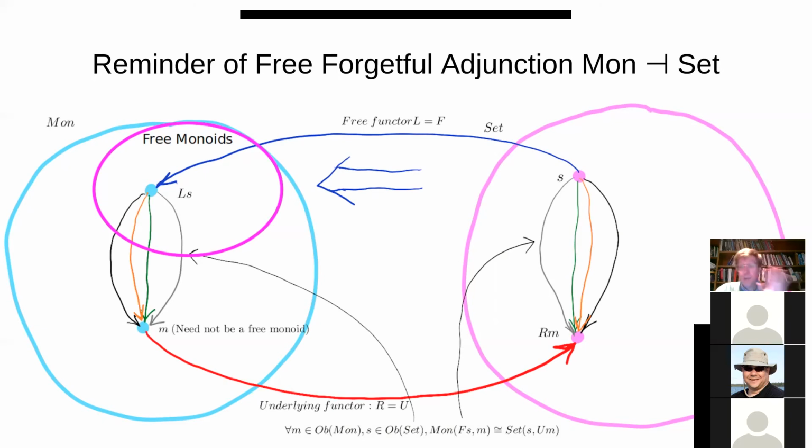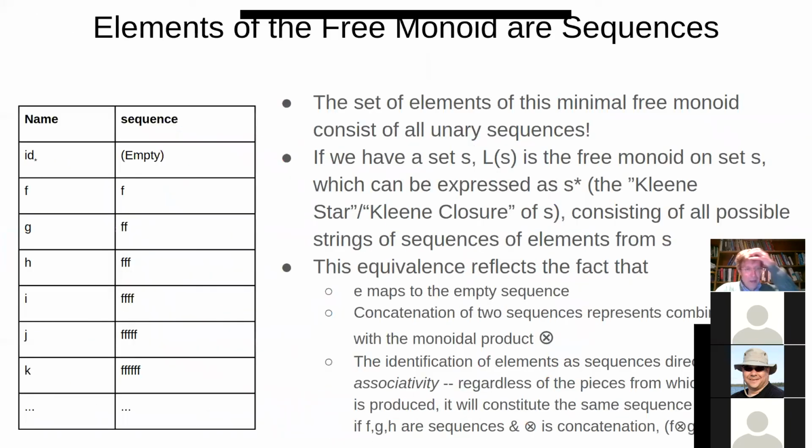They're all possible sequences. And you could think of each sequence as sort of being a combination of the elements of X, where we give each such combination a new name, but we capture associativity. So we don't willy-nilly create new sequences that only differ by where the parentheses are.